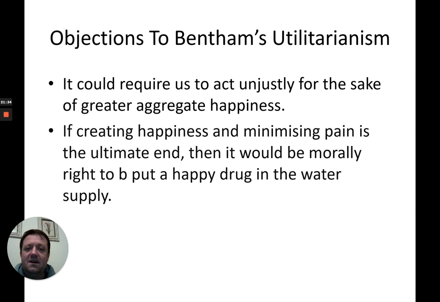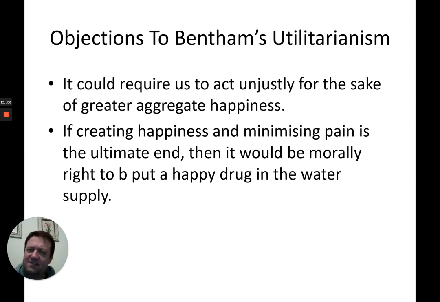All right. Similarly, if the overall end of utilitarianism is to create maximum happiness in society and minimize pain, then why shouldn't I put a happy drug in the water supply that would make everyone happy? Well, there doesn't seem to be any reason under Bentham's system why I shouldn't do that.